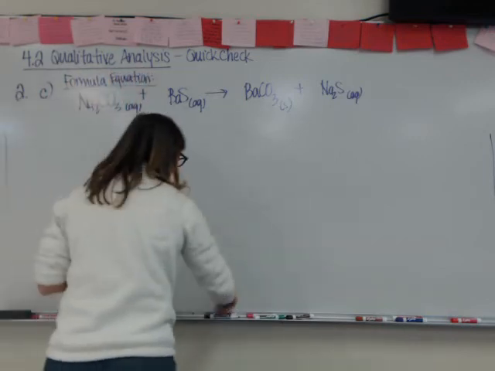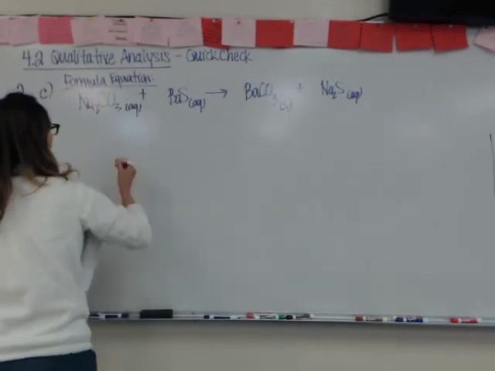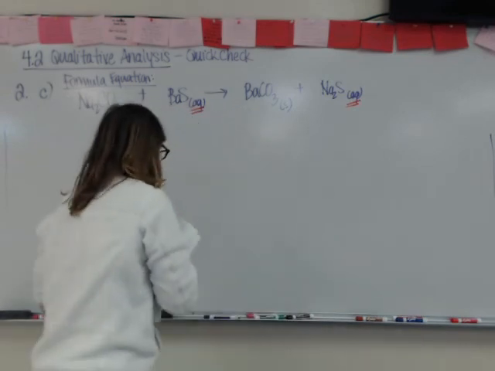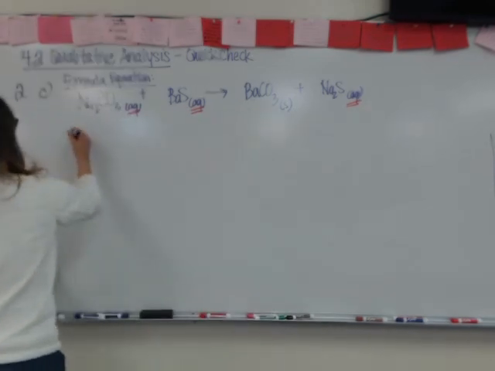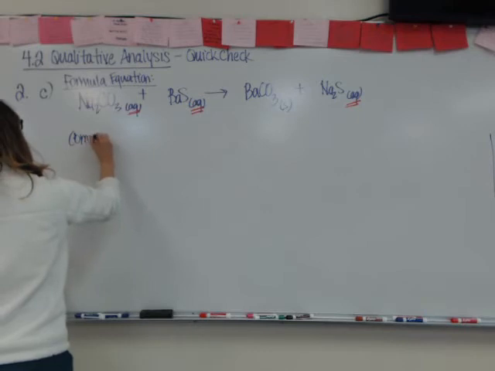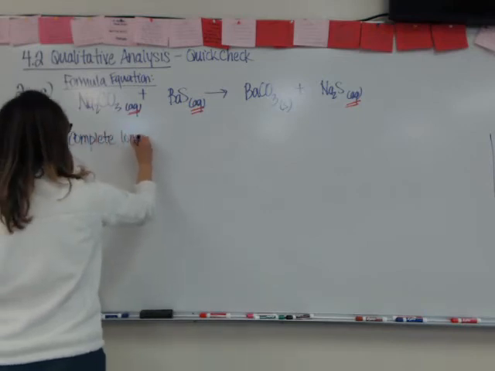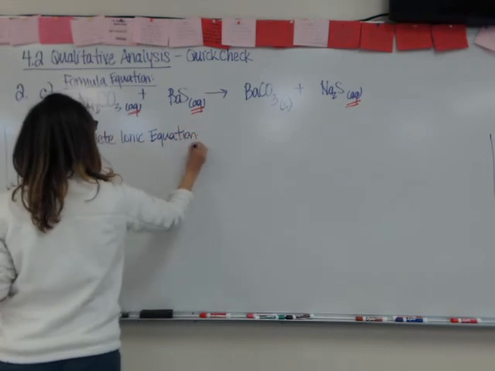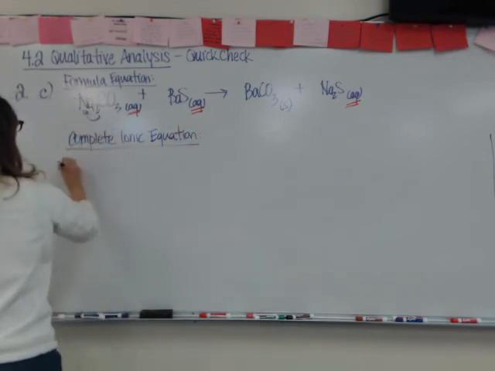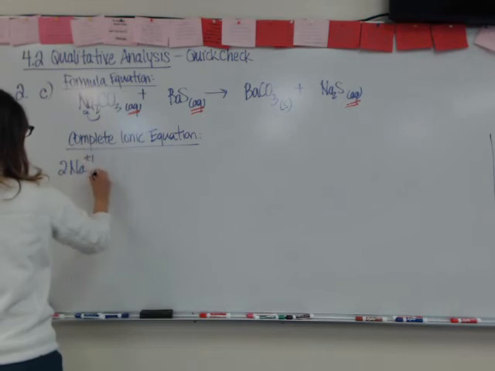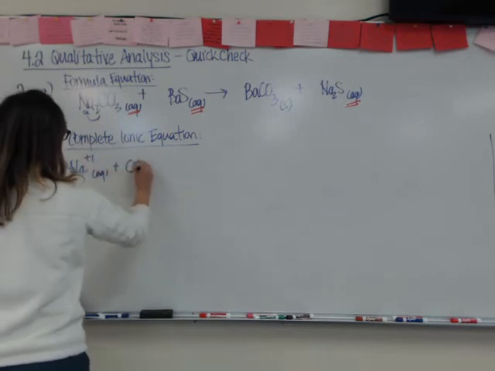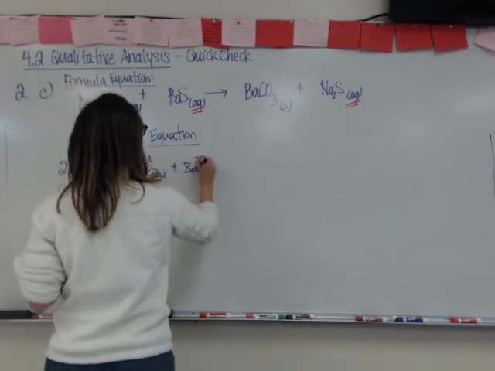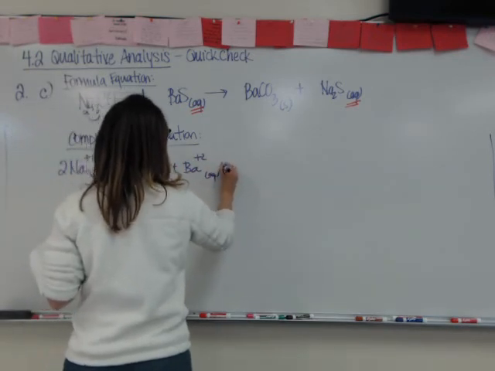Now I'm going to break down anything that has an AQ after it. So for my complete ionic equation, I'm going to have 2 sodium ions, a carbonate, a barium, a sulfide.